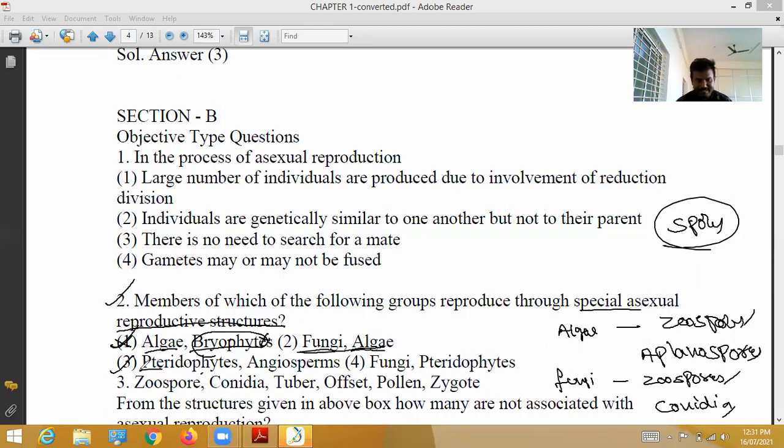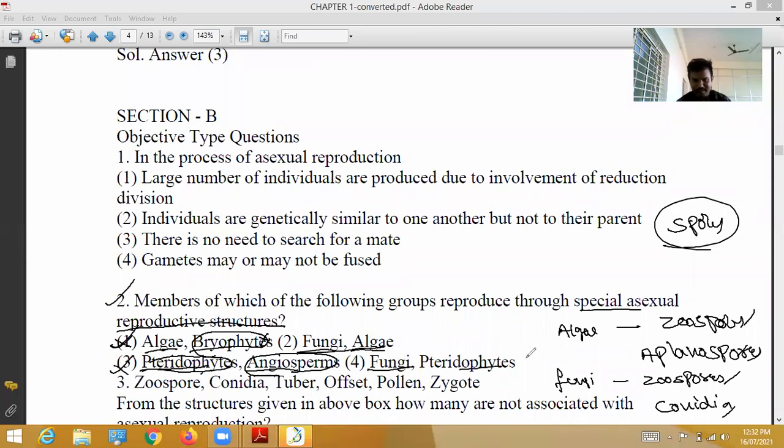Angiosperms are reproduced by seeds, and a seed can give rise to new plants. Pteridophytes reproduce by spores only, but those spores are not like zoospores or aplanospores. They produce male and female gametes, which fuse with each other and produce spores. So the third option is wrong.